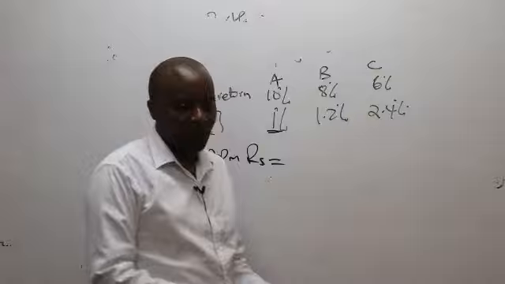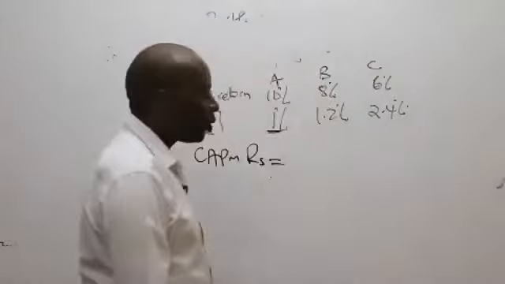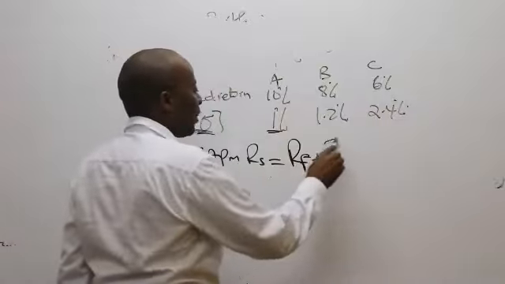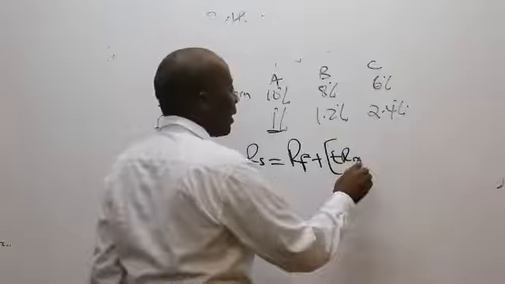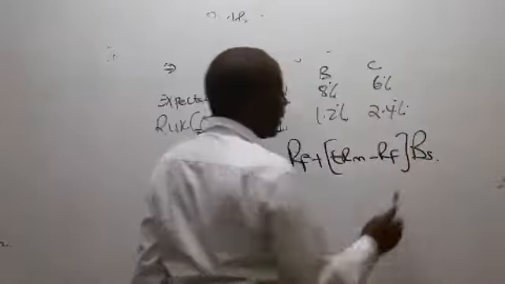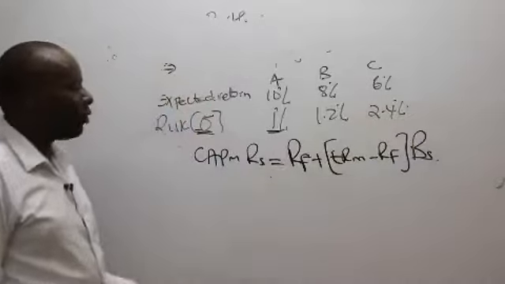How comes nobody has written for us? Thank you very much. I can see several of them. Juliet has told us that this has to be risk-free plus, into brackets, ERM minus risk-free, multiplied by beta of a security.